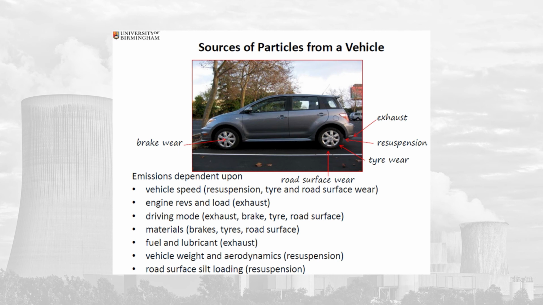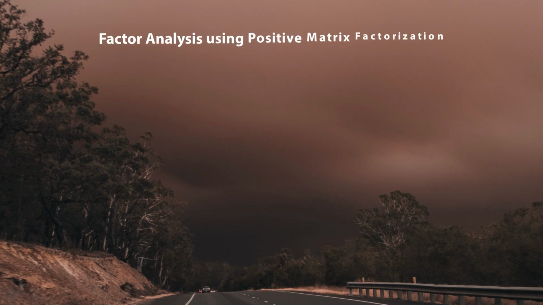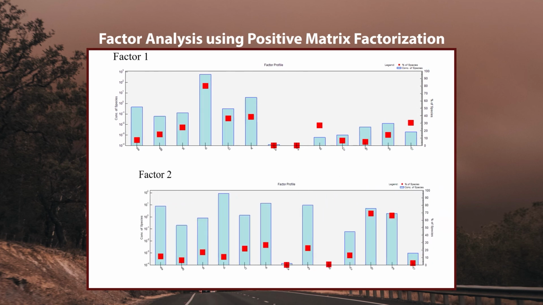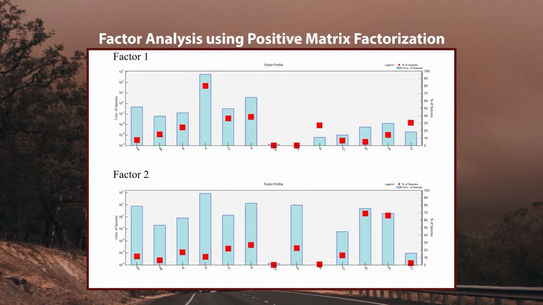All these parameters are taken into consideration while calculating the contribution from each source. So PMF gives values like this, and based on this value we can come to a conclusion.